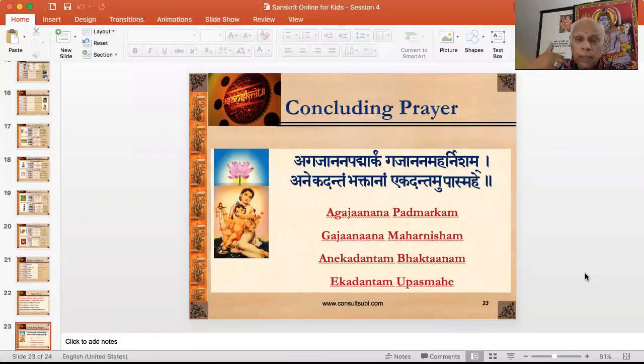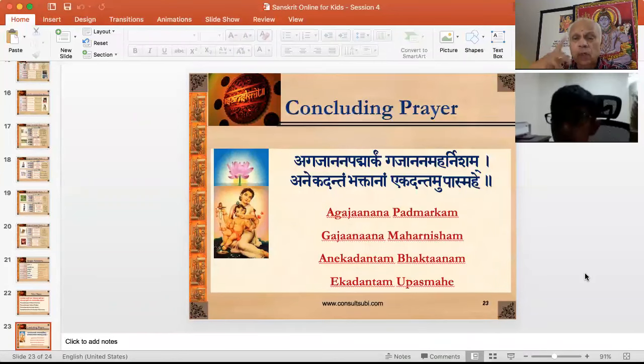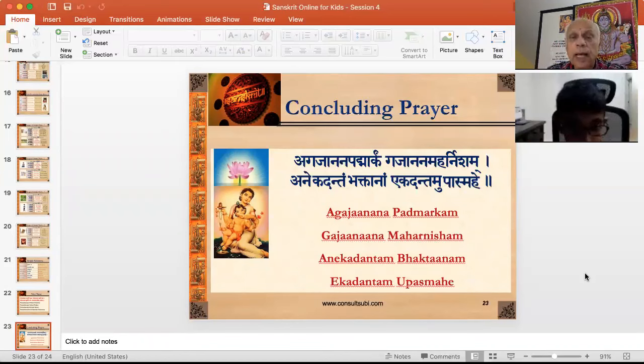Now Ganesha has one tusk broken, the other tusk is big. So he is called Ekadantam. Upasmahe means I worship. I worship that Ganesha who has one tusk, Ekadantam, to get many boons. Anekadantam Bhaktanam: he gives his devotees a lot of boons. Whatever you pray, he gives you.